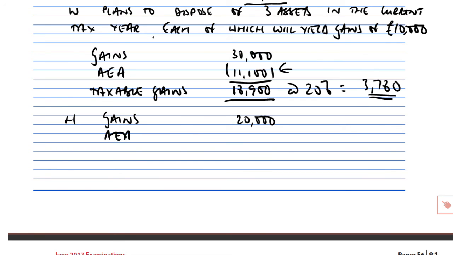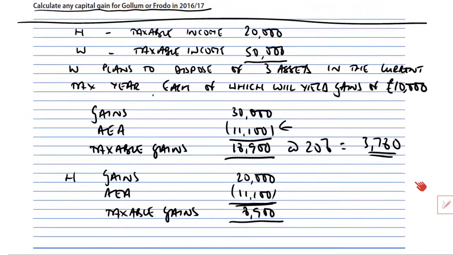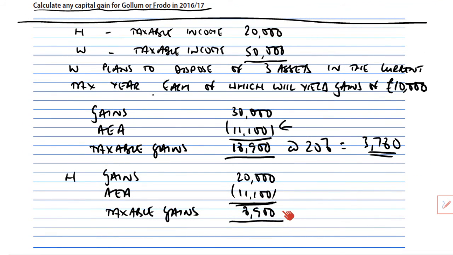He has his AEA of £11,100. That leaves him, therefore, with the only taxable gains being made by the married couple here, and he's got £8,900 worth of gains. He has got sufficient basic rate band still available for all of those gains to be taxed at 10%.